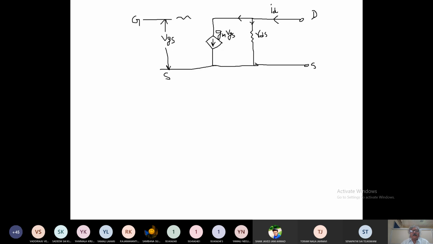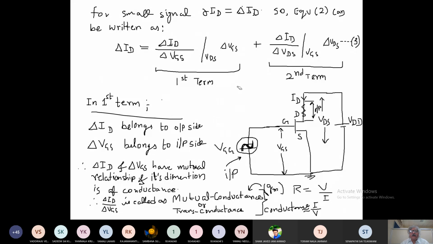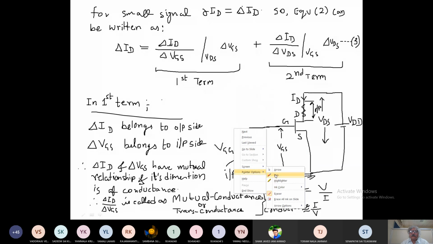There is no connection here. Why is there no connection shown? Because here you are applying reverse bias to VGS.